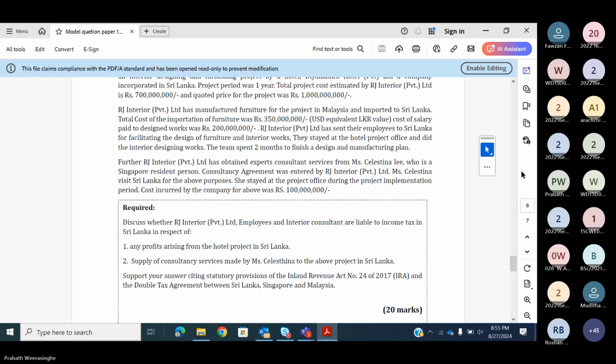Especially, for your knowledge, if payment is made by a non-resident person, that's a separate application. Then we have to check whether she is liable or not.